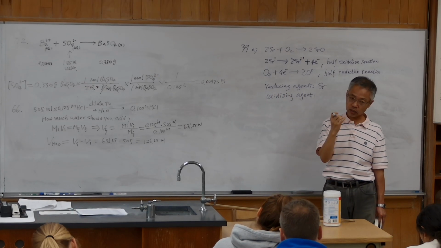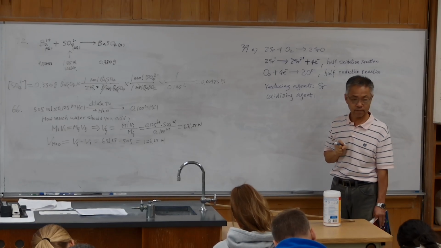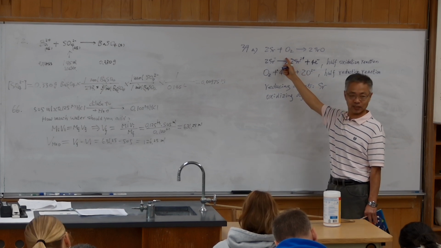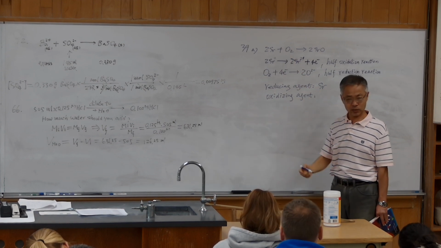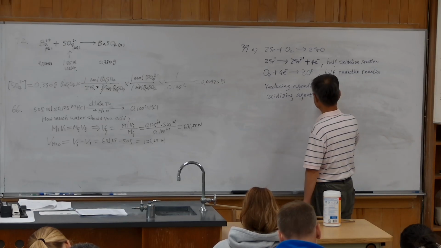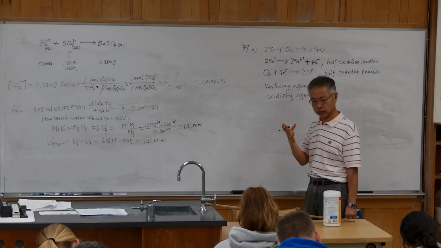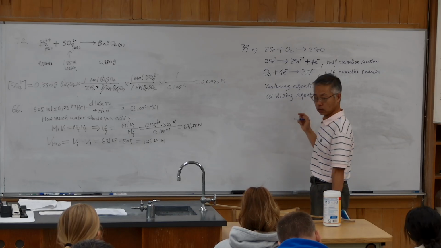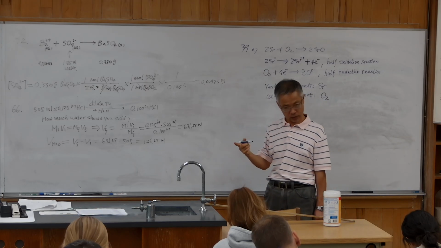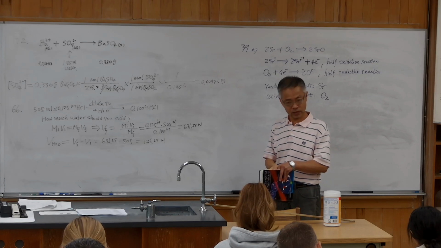Oxidizing agent could be a non-metal or a metal ion. For this case, it is a non-metal, because the other one is oxygen. Oxygen is always an oxidizing agent; the name comes from oxygen. So an oxidizing agent could generally be a non-metal, like oxygen here. It could be a metal ion, where the metal ion gains electrons and is reduced to metal.